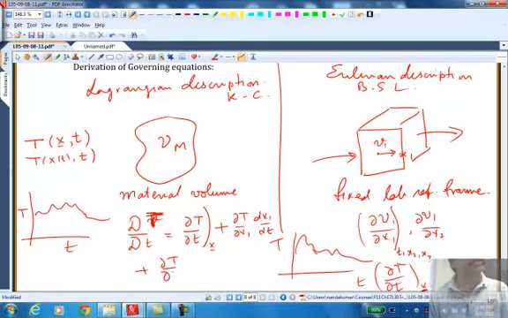I'm simply applying the chain rule. But conceptually, I'm understanding what is happening and then applying the chain rule to that.